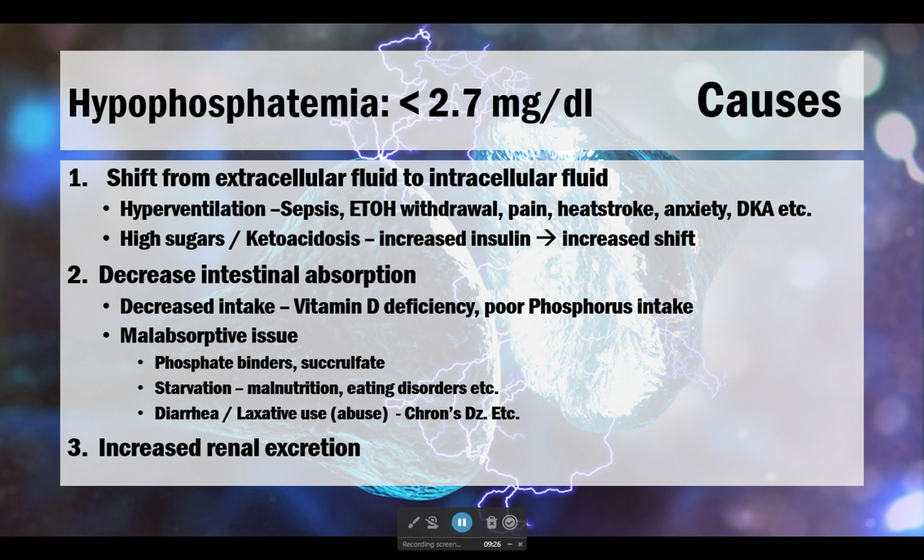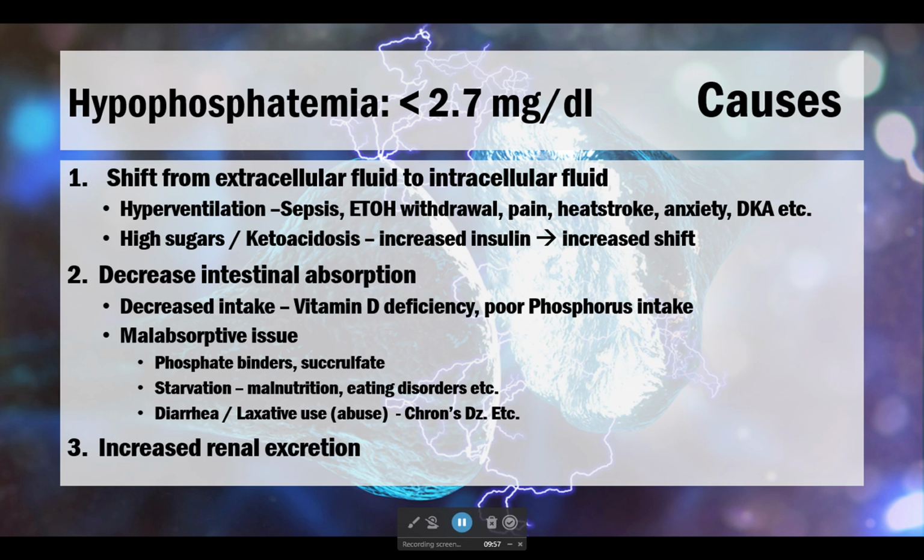Another thing that can cause hypophosphatemia, which is probably more common, is intestinal issues with absorption. So if there are conditions that cause the gut to move more quickly, for example laxatives, diarrhea, Crohn's disease, or think about another thing we've trained on this semester, NG tube placement, in both of those conditions you're removing phosphorus in whatever state it's moving into the gut.